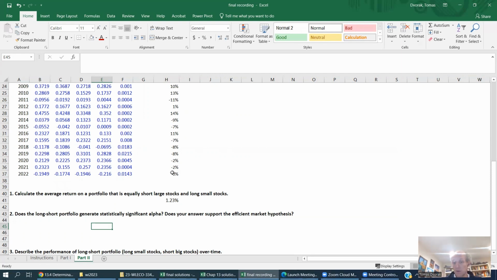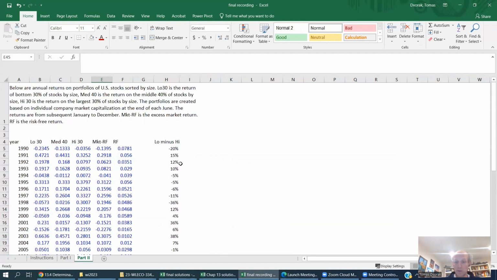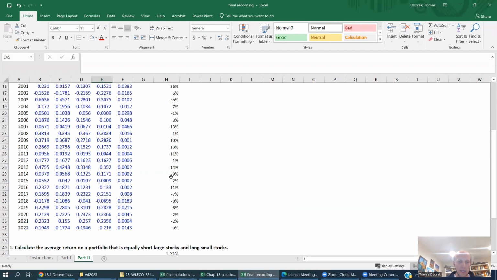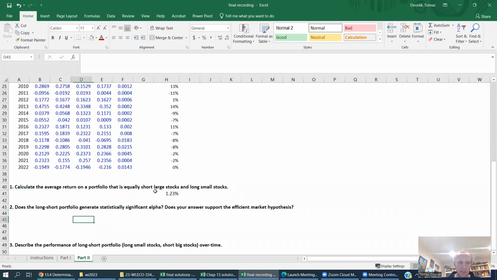But since this is a zero-cost portfolio, we're already subtracting the risk-free rate. There's no opportunity cost of putting money into the risk-free rate. So we can take, let's do just the beta coefficient and alpha coefficient and the standard error.